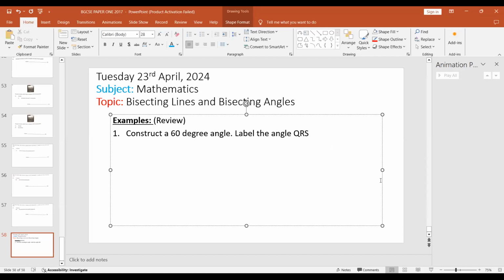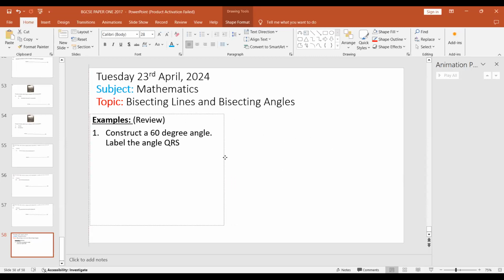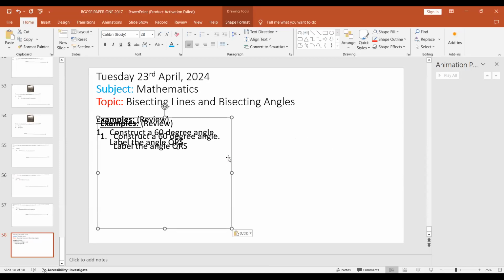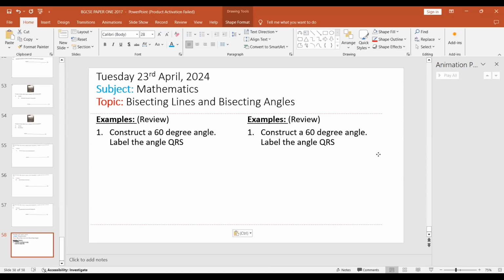Let's put them on different sides. On this side, we want to construct the 60-degree angle, and on the other side, number 2, we want to construct a 90-degree angle.